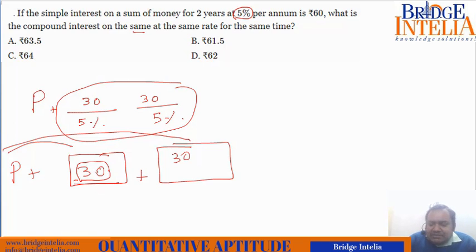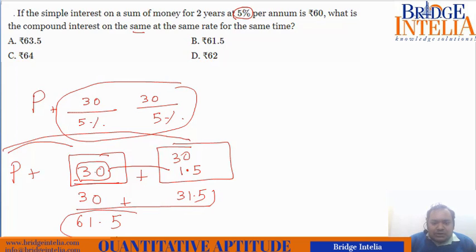This time 30 rupees has already come into your account last year, so this interest is also going to earn money for you. 5% of 30 is equal to 1.5. So total interest earned is 30 for the first year, 31.5 for the second year. Total interest earned is 30 plus 31.5, which comes out to be 61.5.